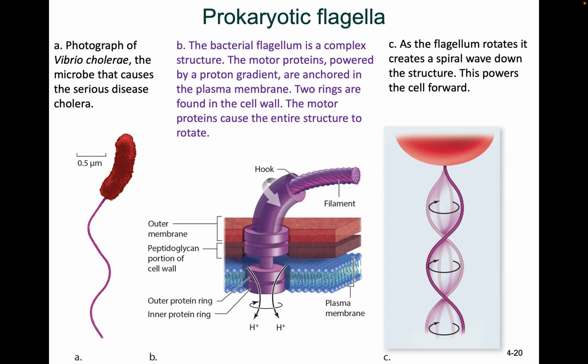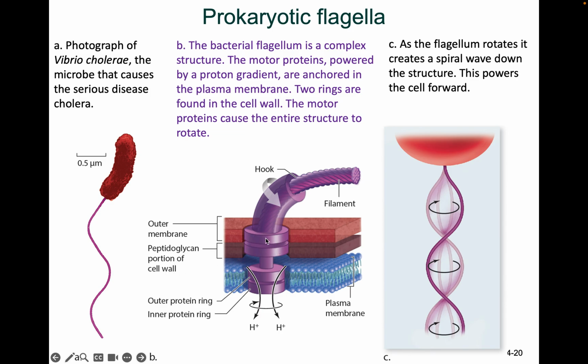And what makes these guys professional divers is the big flagella structures they have. These flagella structures are, as you can see, very long filaments, and this is what they're composed of. They have two rings, one in the plasma membrane of the bacteria, and the second in the peptidoglycan cell wall.